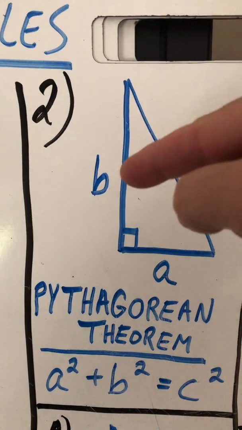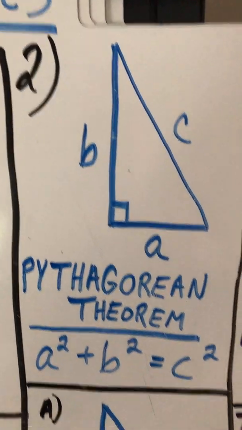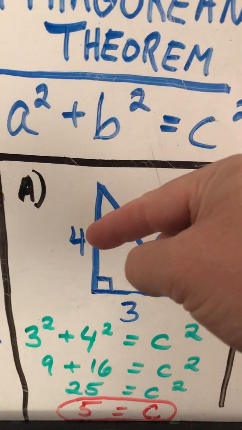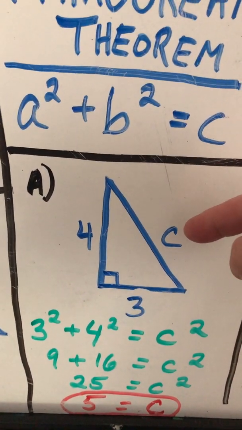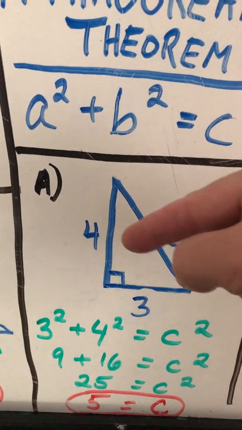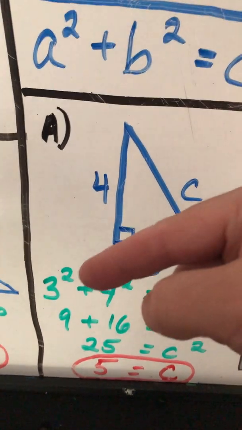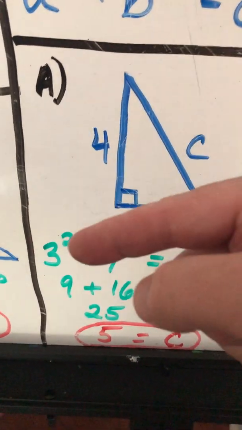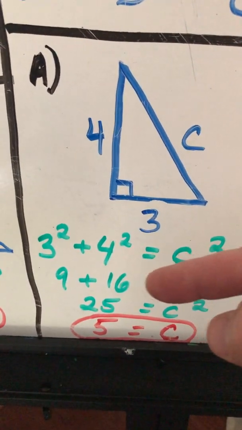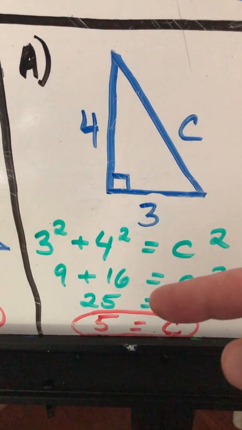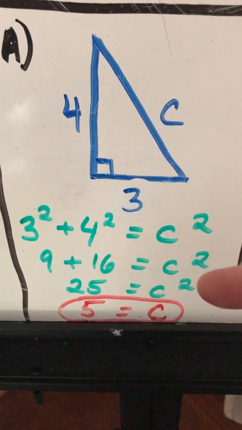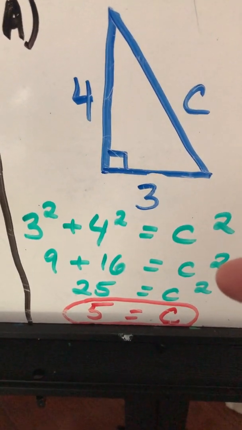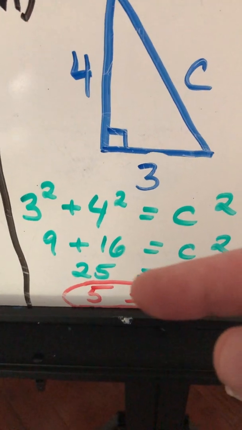For example, if this is 3 and this is 4 and I want to know what c equals, I'm going to do 3 squared plus 4 squared equals c squared. 3 squared is 9, 4 squared is 16, 9 plus 16 is 25. 25 equals c squared, but I want to know what c is, so I have to take the square root. The square root of 25 is 5.